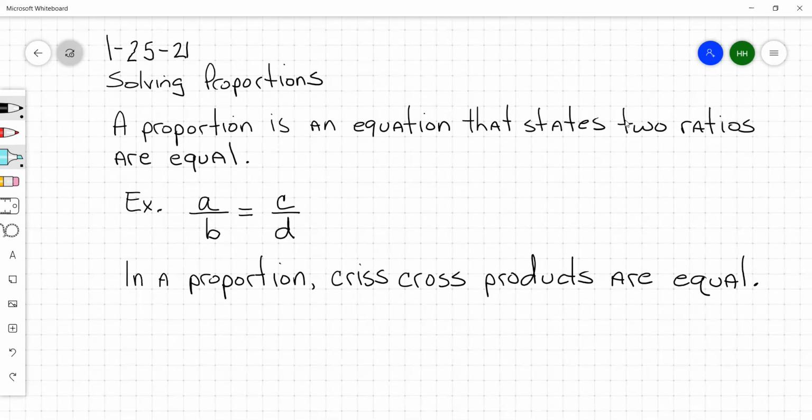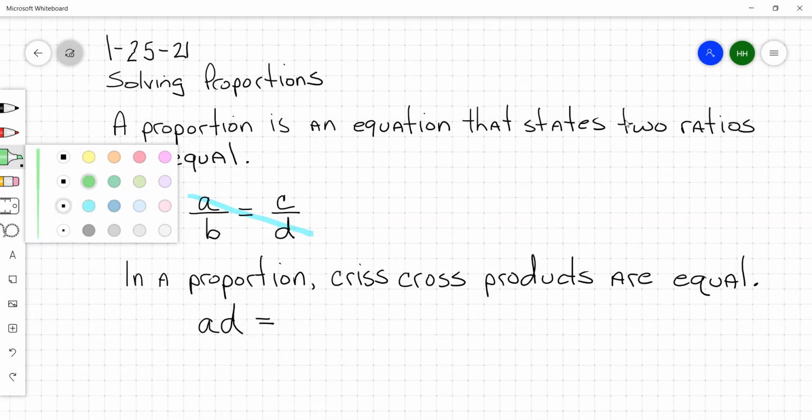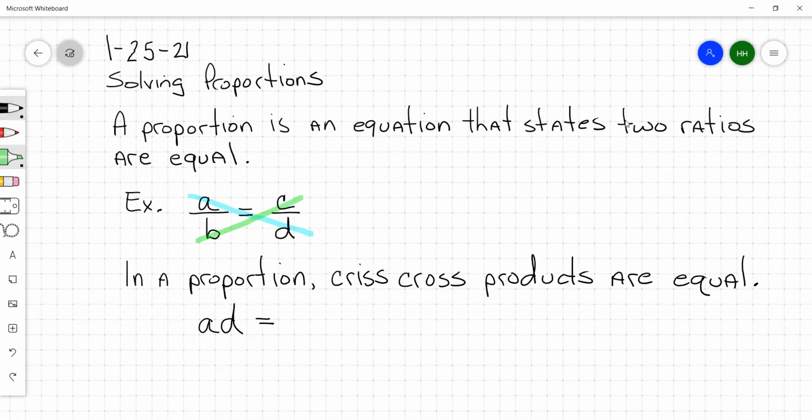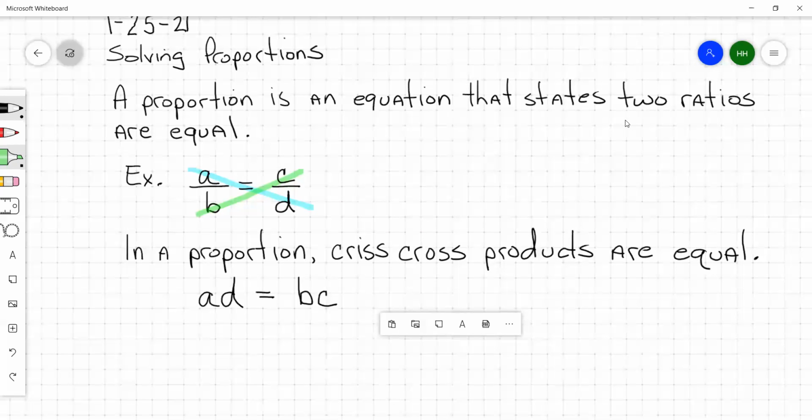Crisscross products, that's this way. All right, so in a proportion, A times D is equal to B times C. And that is the technique that you use to solve a proportion.